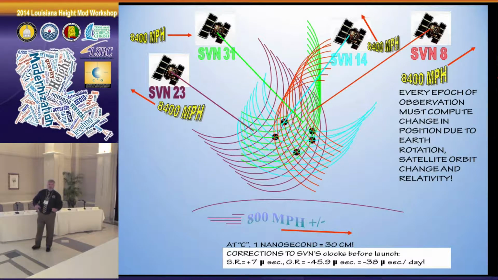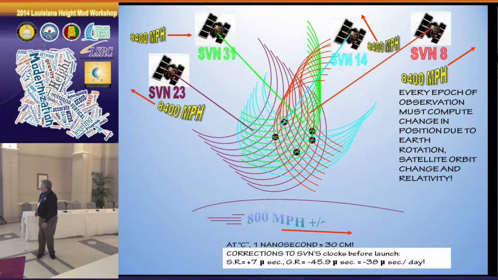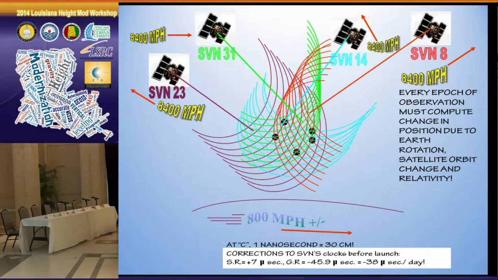But because they're so far apart from us also, they're less affected by gravity. So general relativity says their clocks run faster than us because they're less affected by gravity. So we've got to take 45.9 microseconds away from them. So if you add those two together, you've got to take off 38 microseconds from the clocks of the satellites.